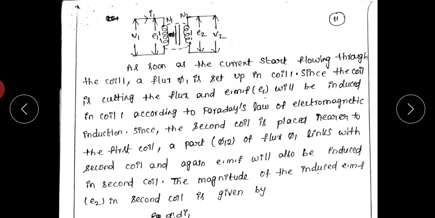According to Faraday's law of electromagnetic induction, whenever a stationary conductor is placed in a time varying magnetic field, an EMF is induced across the conductor. Here a time varying flux is present and this coil is placed in it, so in the first coil an EMF E1 is induced.